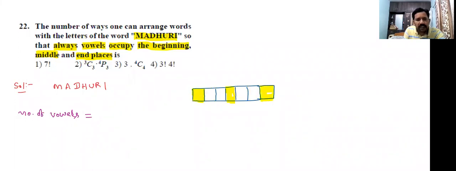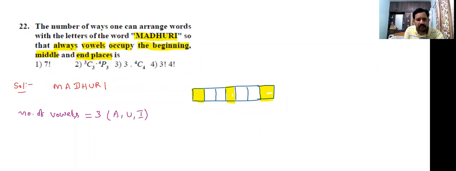So see that: 1, 2, 3, 4, 5, 6, 7, 7 boxes. Whatever I marked in yellow color, there we want to fill vowels. How many vowels are there first? Identify. There are 3 vowels. What are they? A, U, I.